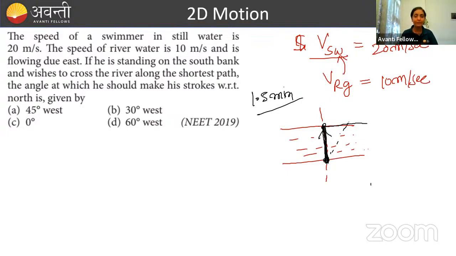Then only, जैसे if a person is standing here and the person seems to go in this direction, it means this person has velocity only in this direction, right? So if swimmer goes on to another bank along this line, it means it has velocity only along this line, right? Then, velocity of river is how much?